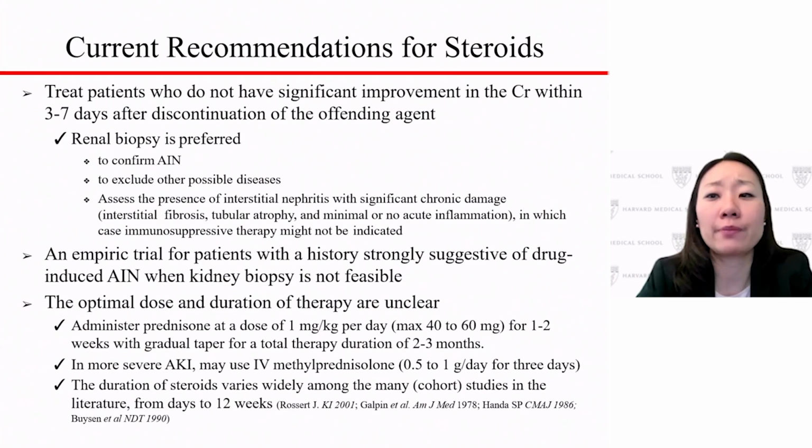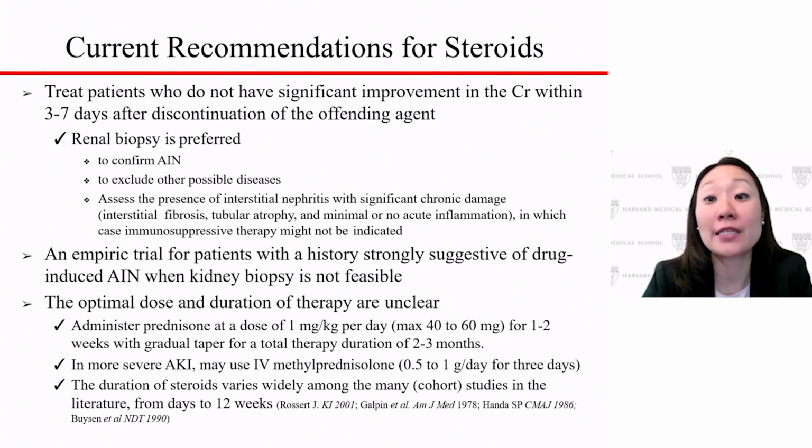What are the current recommendations for steroid use in the treatment of interstitial nephritis? So it's recommended that patients should be treated who do not have significant improvement in the creatinine within approximately 3 to 7 days after discontinuation of the offending agent.